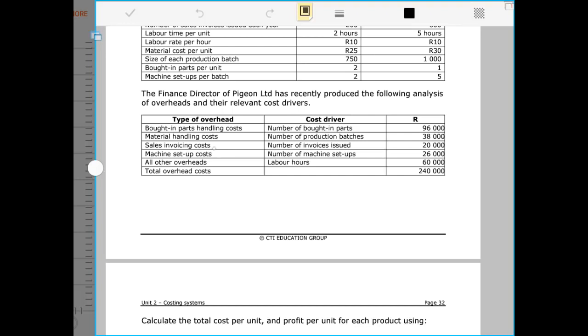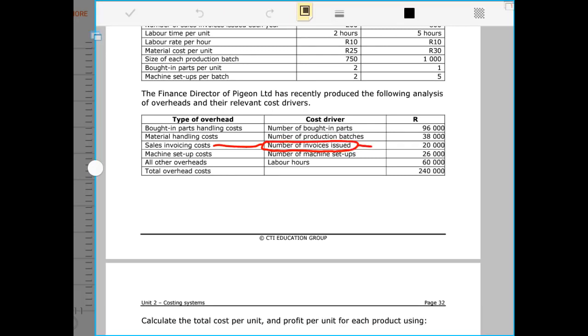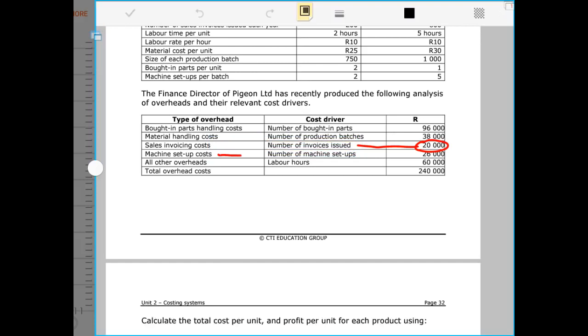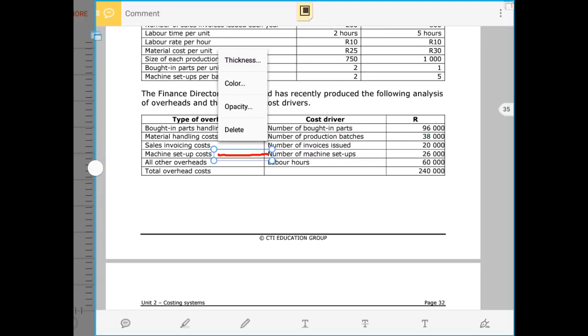Then we are given sales invoicing cost, which is based on the number of invoices issued. The total amount of the overhead for this is 20,000 Rand, which must be allocated to our products. Then we have machine setup, where the cost driver is the number of machine setups, and the total overhead is 26,000 Rand.